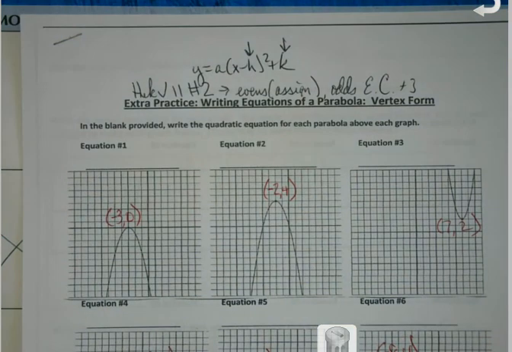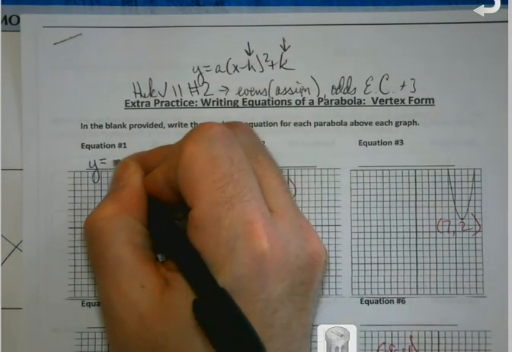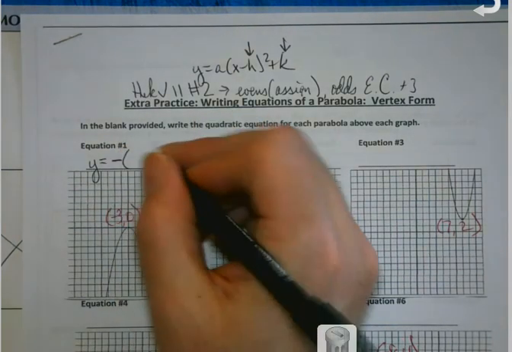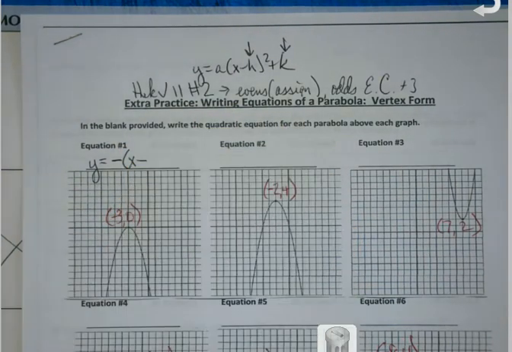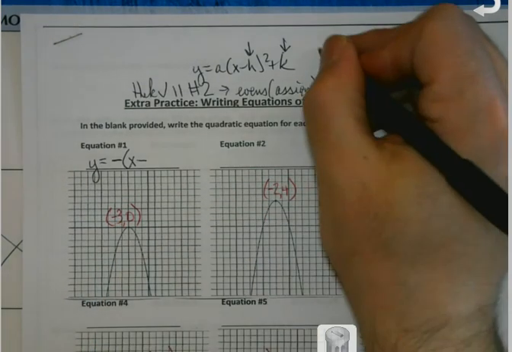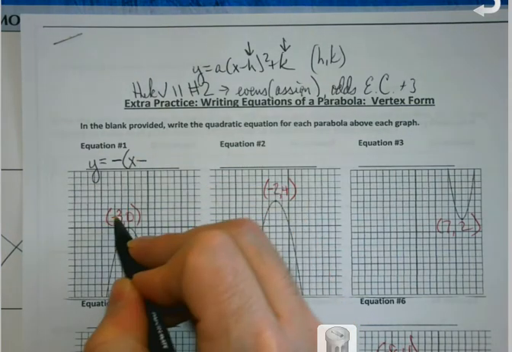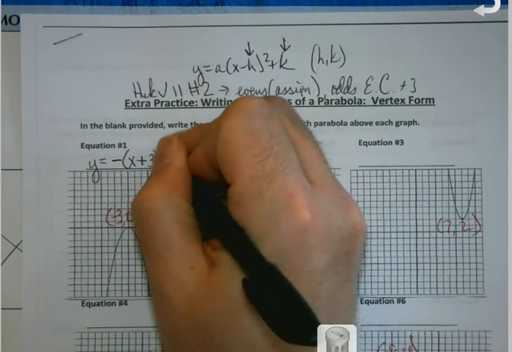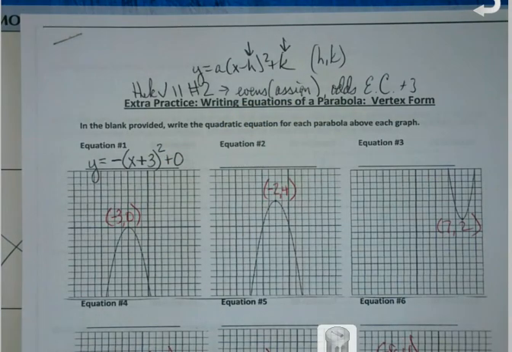For instance, I notice on the first one, it opens down, so I'm going to put a negative in there. X minus, this is my h value. What happens when you minus a negative? It's positive. And then whatever's in the end, I plug in there. That's my equation.